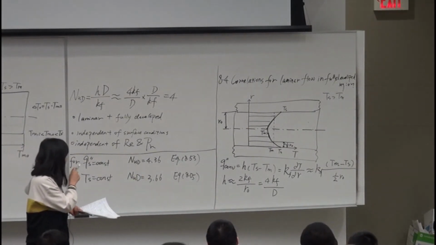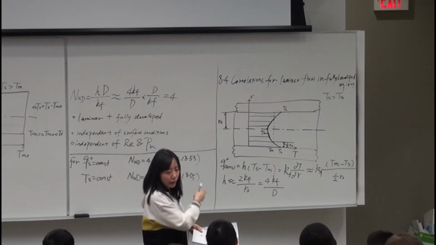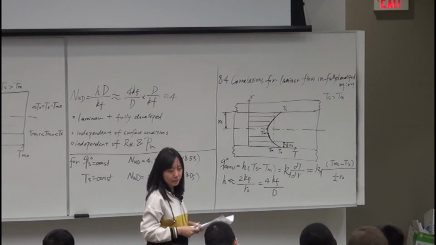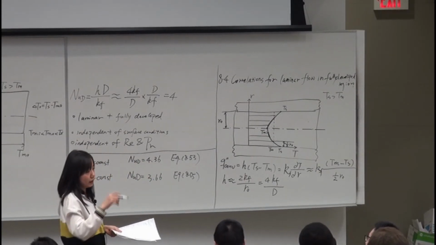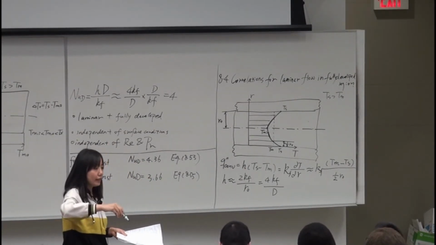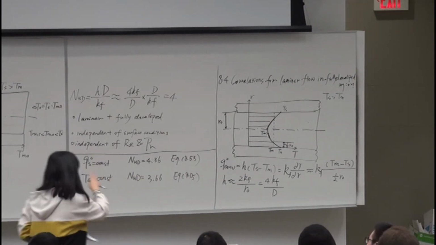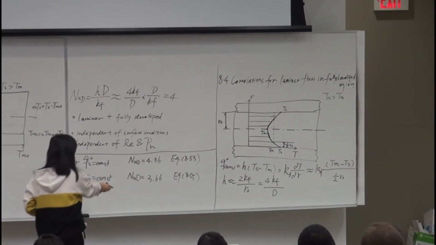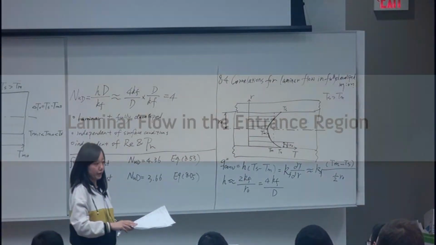And why, in the fully developed region, is the Nusselt number constant? Yes, because once it reaches the fully developed thermal region, the h, which decreased first in the entry region, now maintains constant. So we have constant Nusselt values in laminar flow, fully developed region.